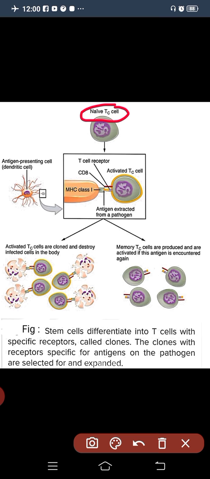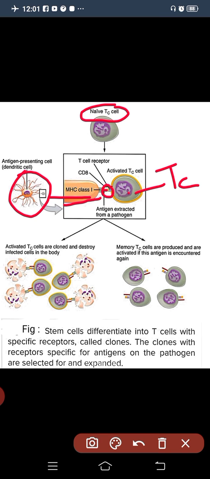When this naive T cell interacts with the MHC class 1 with antigen, the antigen presenting cell, that is the antigen presented by MHC class 1, there is an activation of TC. Okay, so here the antigen extracted from a pathogen has come into contact.